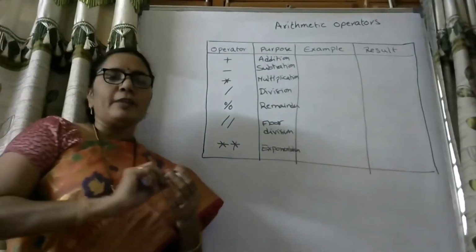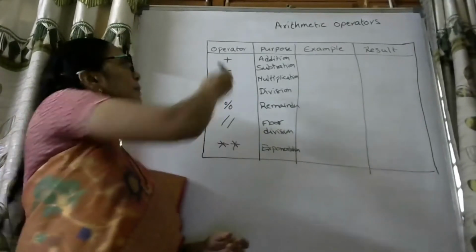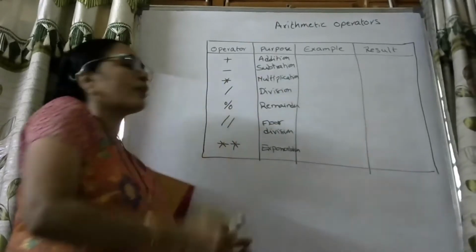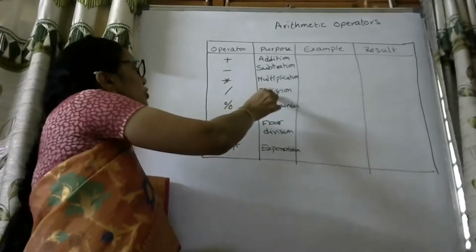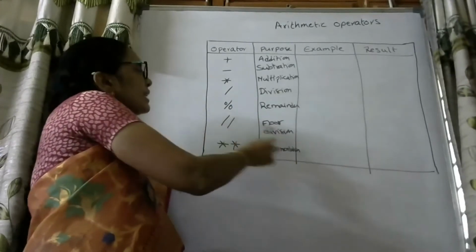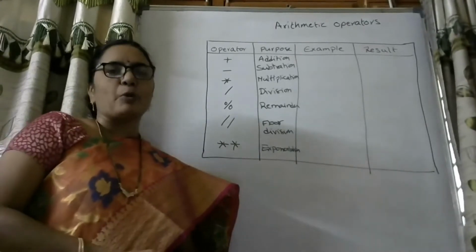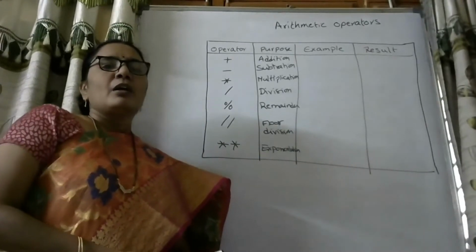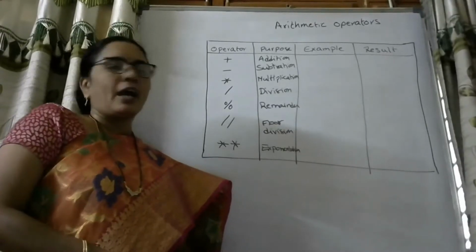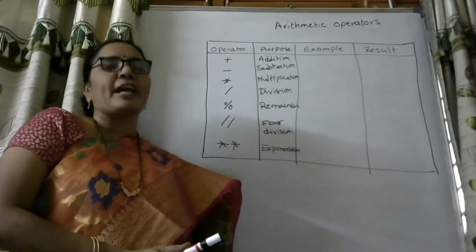So, here let me tell what is the purpose of the operators. Plus is used for addition, minus is used for subtraction, star is used for multiplication, slash is used for division, percentile is used for remainder, double slash is used for floor division, double star is used for the exponentiation. In your previous programming languages, I hope you are familiar with the first 5 categories.